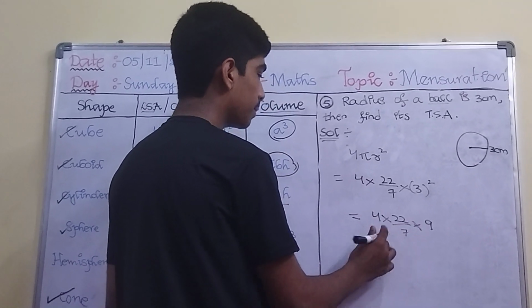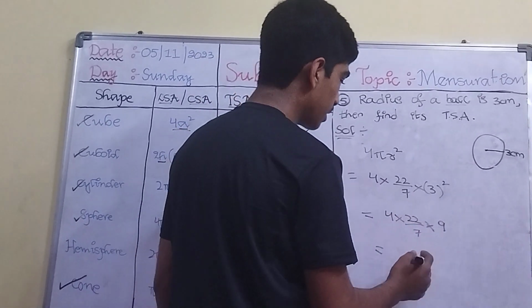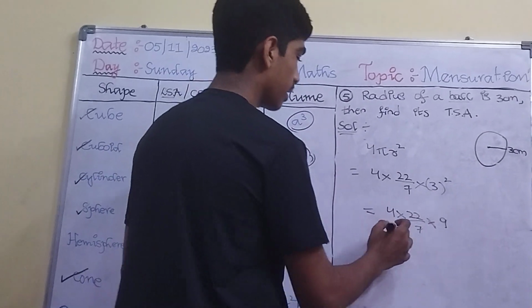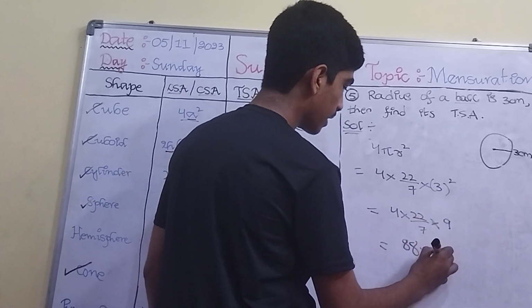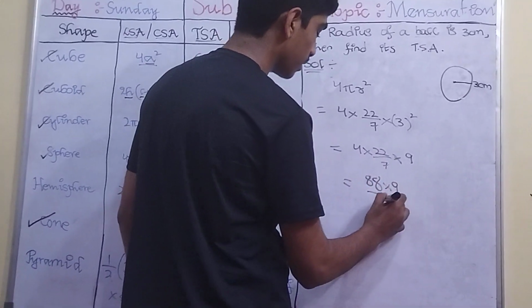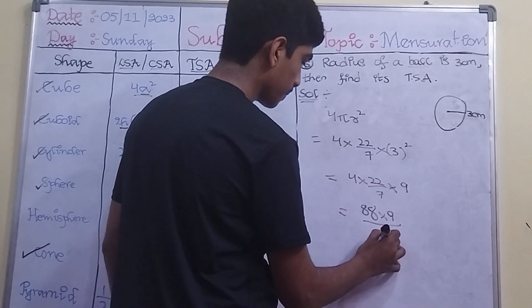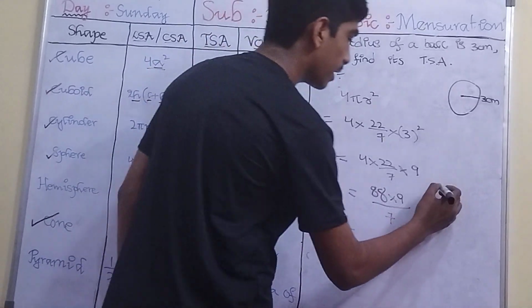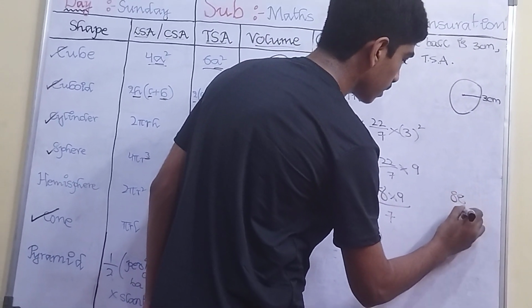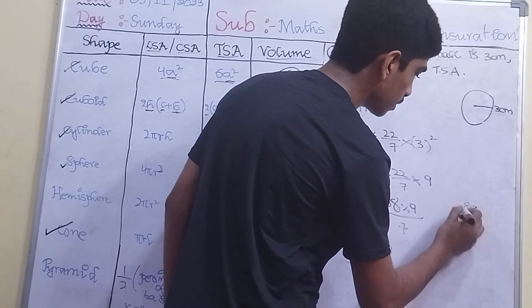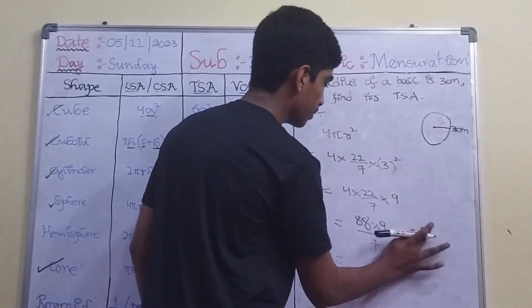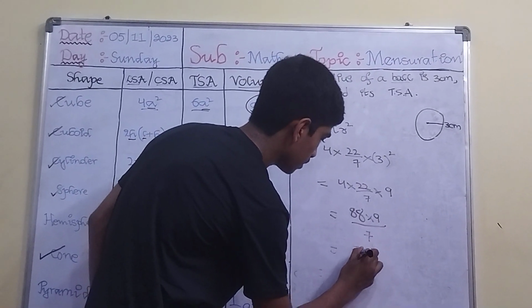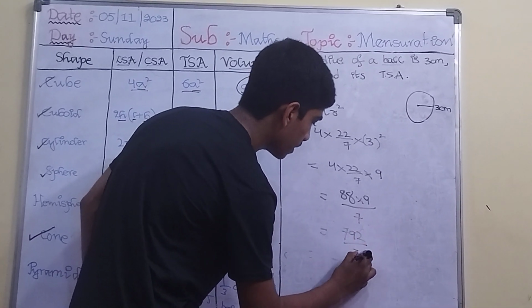Now multiply all the numerators. 22 fours are 88. 88 into 9 by 7. Now multiply 88 with 9. 792. 792 by 7.